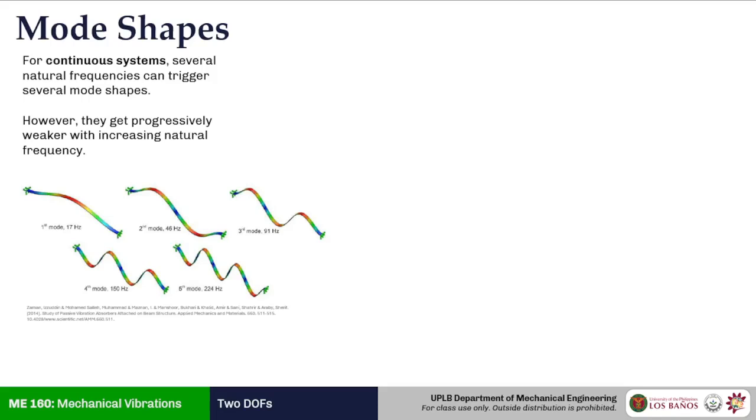Actually, in Fusion 360, there is a mode shape simulation. You can find it in Fusion 360 or Autodesk Fusion. It will quickly give you which frequencies trigger the most amount of vibration in your system or in your assembly, and that helps you determine how to strengthen your parts against dynamic loading.